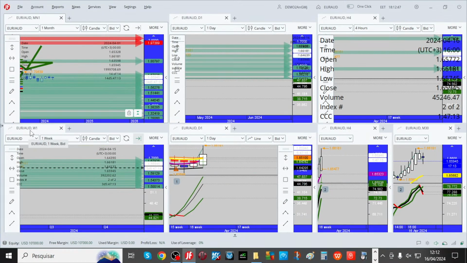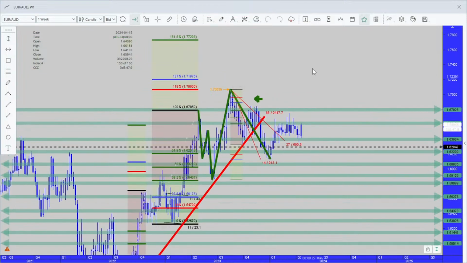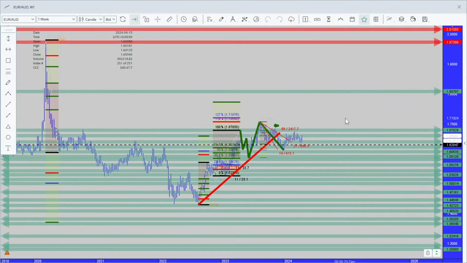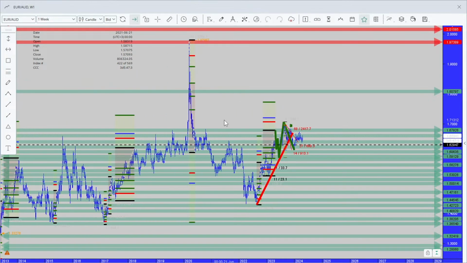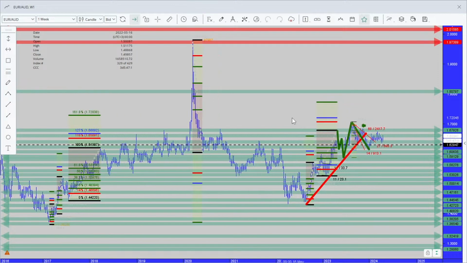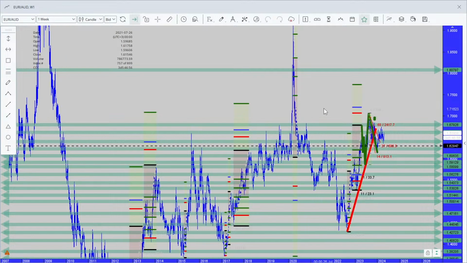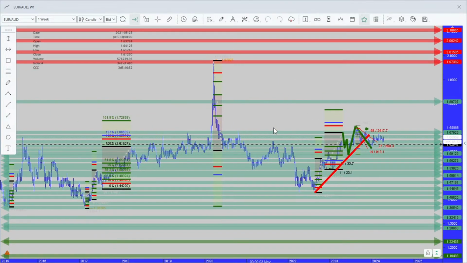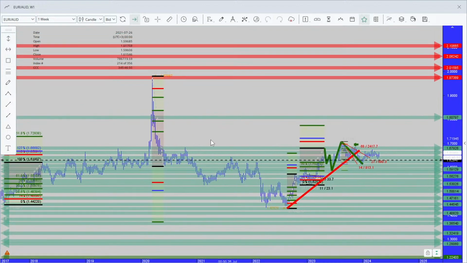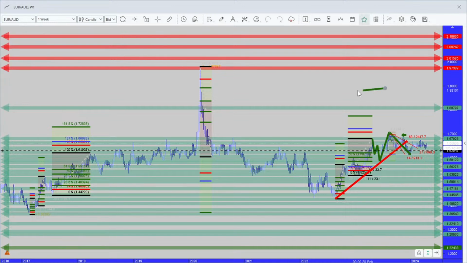Alright, now we go on the weekly. Weekly, zoom out. Now from the weekly, everybody, do we have a contrarian? On the weekly, our original Fibonacci is down. You might not see it. This is our original Fibonacci.